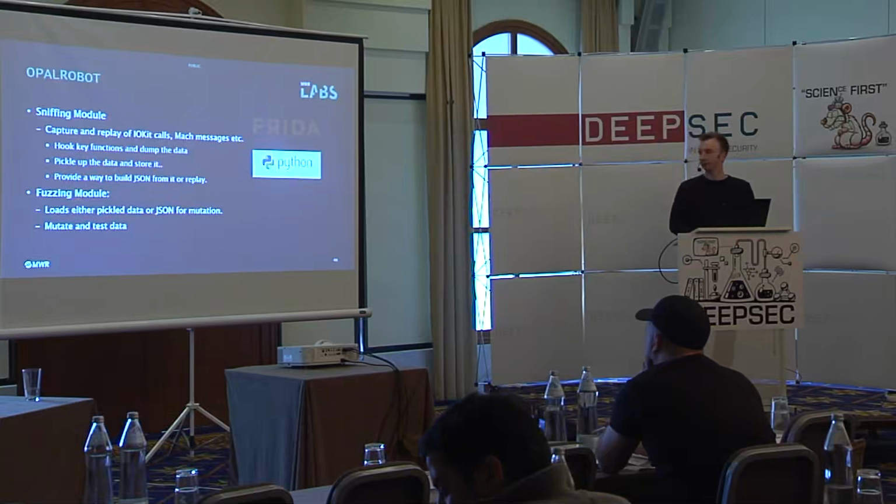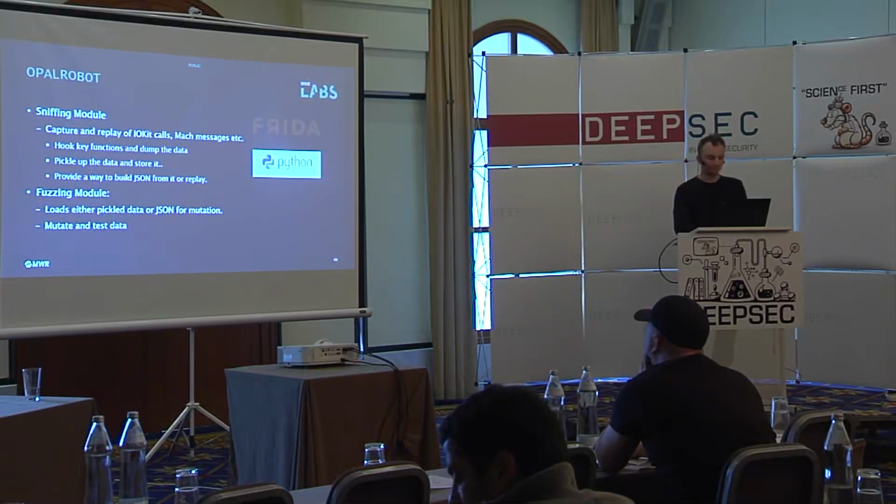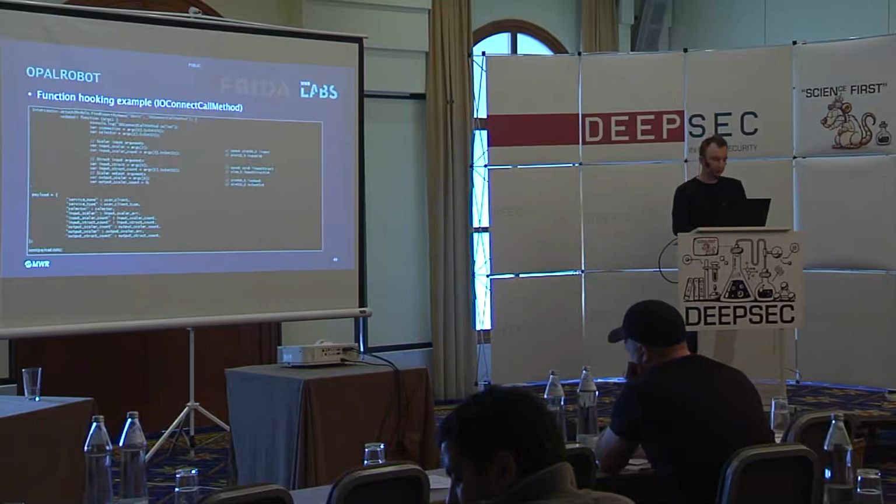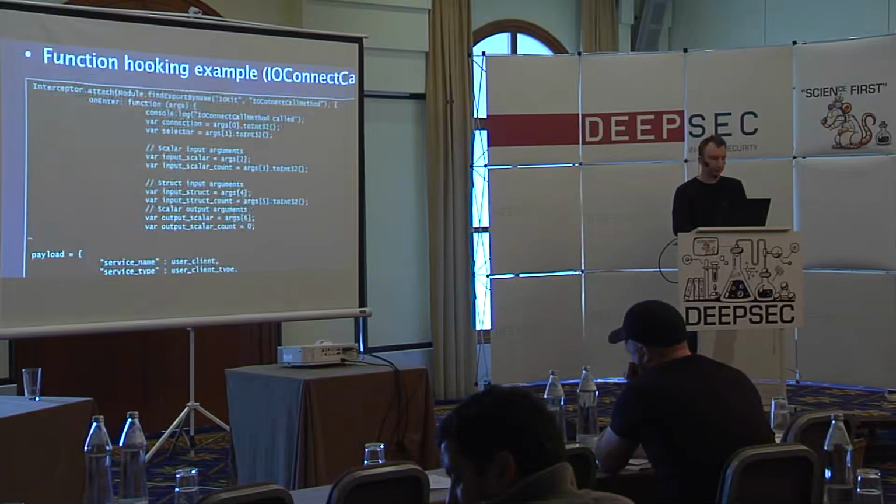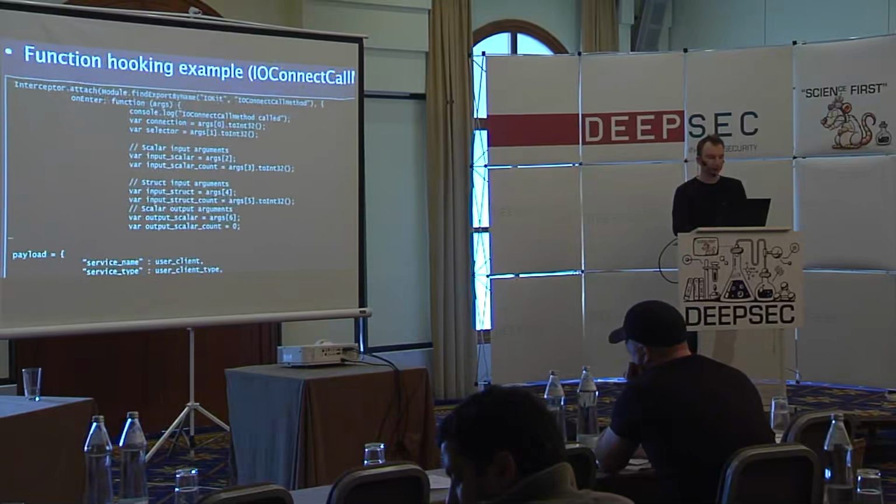So that was implemented in 2 parts. There was a sniffing module, which would essentially do the hooking and capture of the data, and then the fuzzing module, which would load that data, mutate the data, check if it crashed, and then test it. So here's an example of function hooking in Frida.